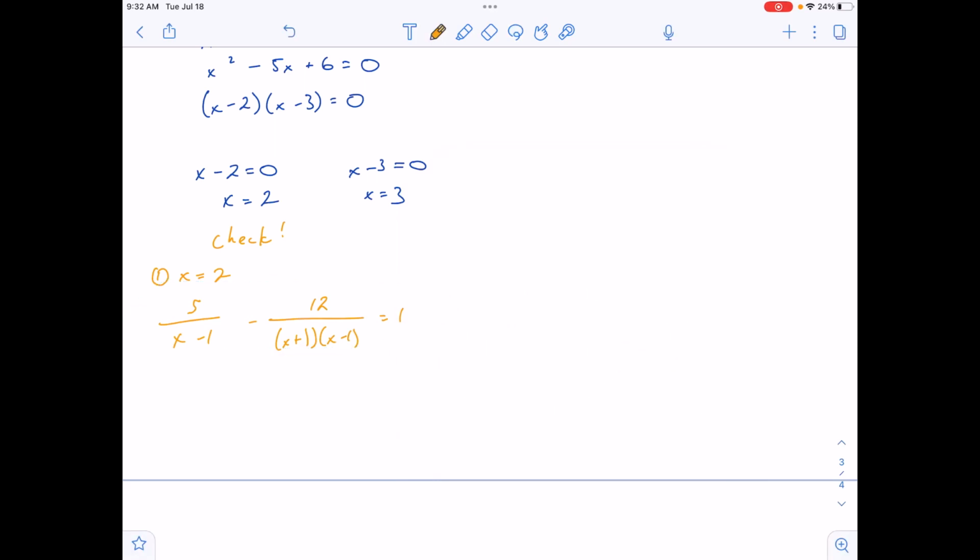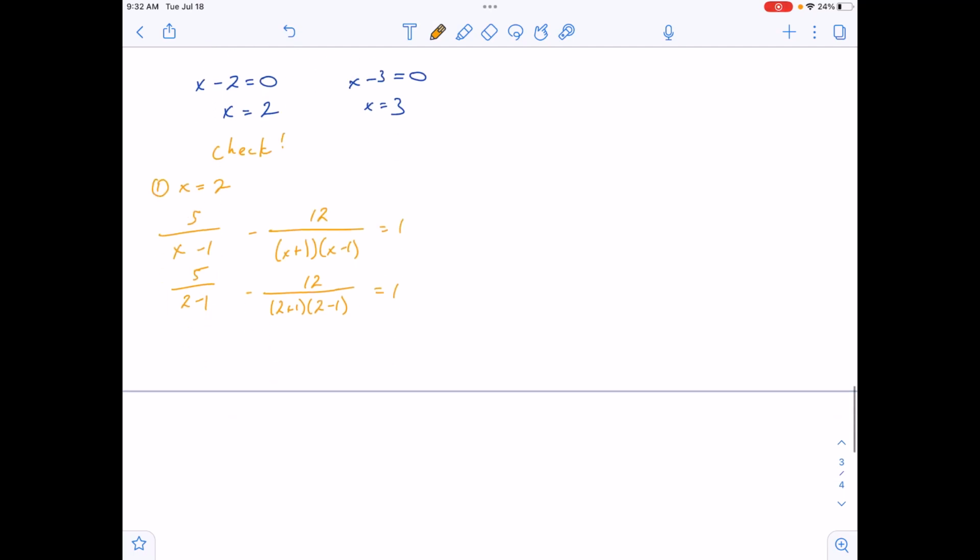And I'm going to substitute that in: 5 over 2 minus 1, minus 12 over 2 plus 1 times 2 minus 1, equal to 1. 2 minus 1 is 1. 5 over 1 is 5. 2 plus 1 is 3. 2 minus 1 is 1, so I have a denominator of 3 here. 12 over 3 is 4. 5 minus 4 is indeed equal to 1. So we're good for x is equal to 2.